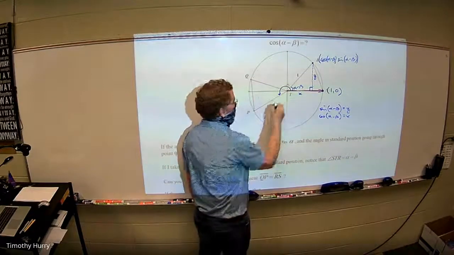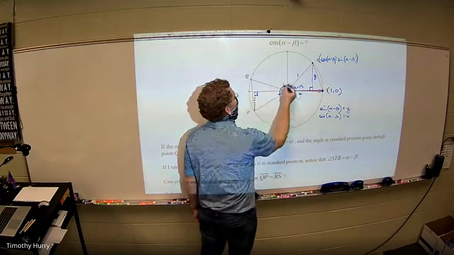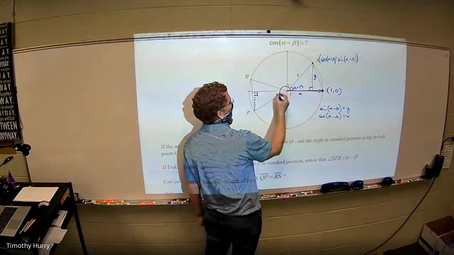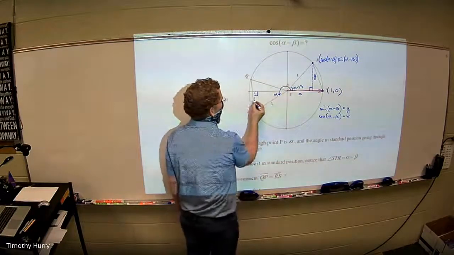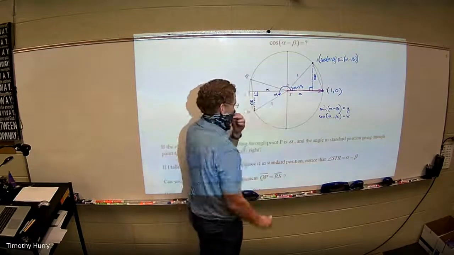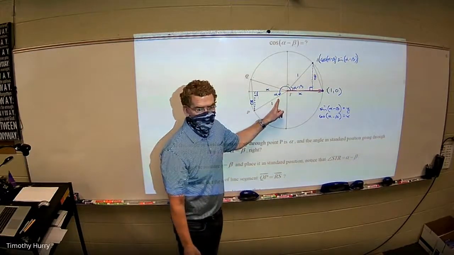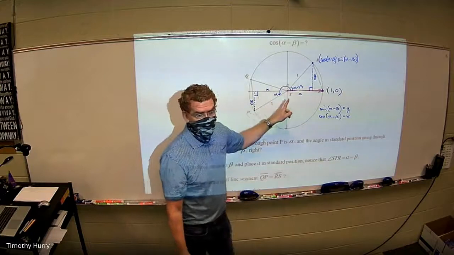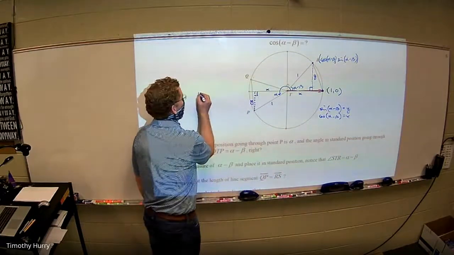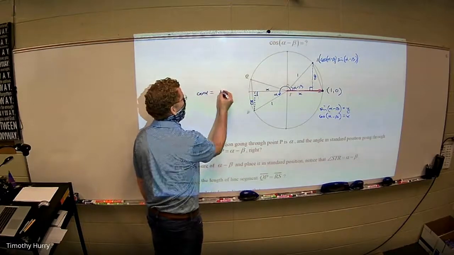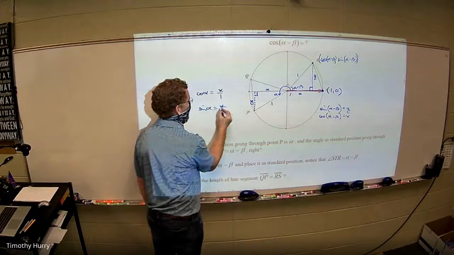Okay? So if that big one's alpha, using that same thing, that's alpha, but I'm thinking about it like it's right here. And remember, this is a unit circle, so it's 1. How would I find that y and that x if the angle now is alpha? Same way, right? The cosine of alpha is always x over 1, and the sine of alpha is y over 1.